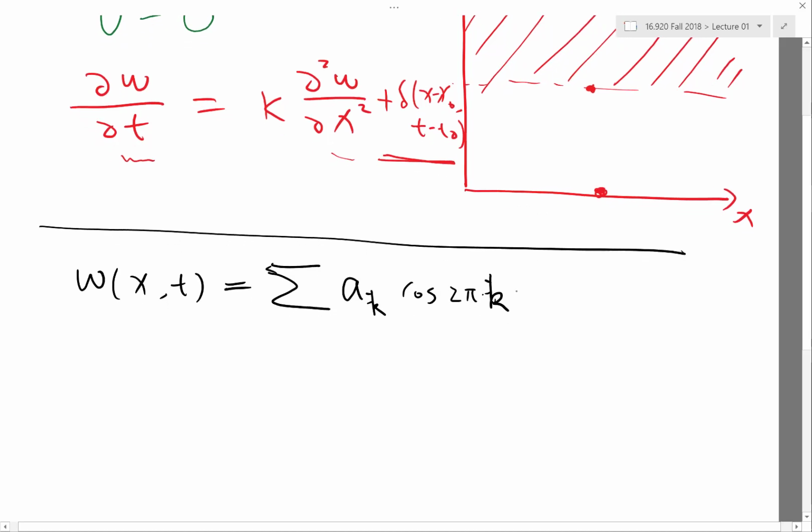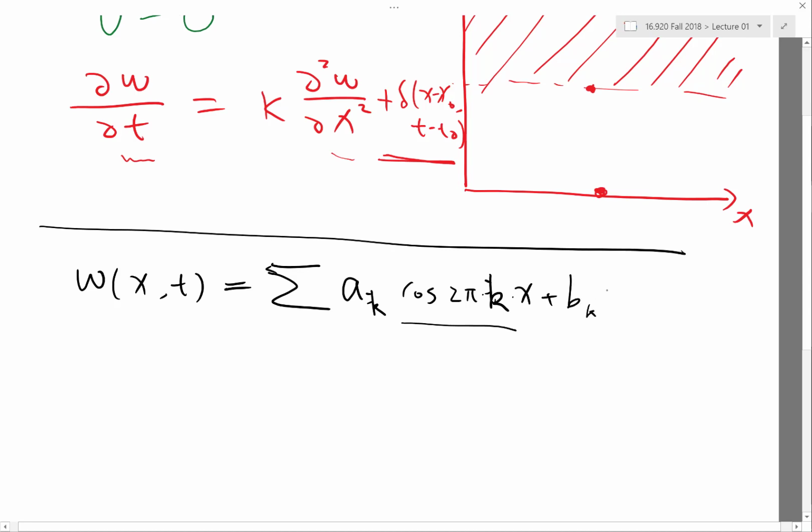So this term is a cosine function with a period of what? With a period of 1 over k. Basically, the larger the k is, the smaller the wavelength, the period is. So the smaller the wavelength is, the more oscillatory the function is.